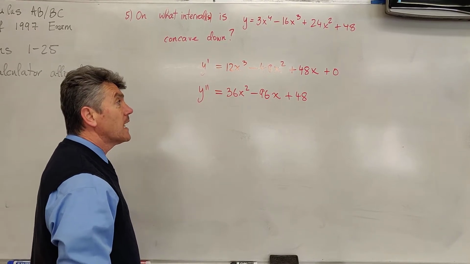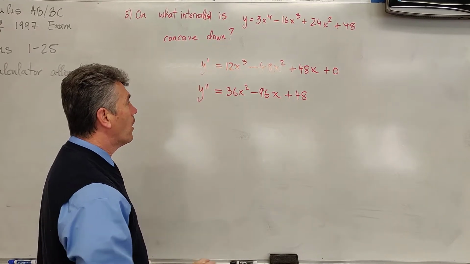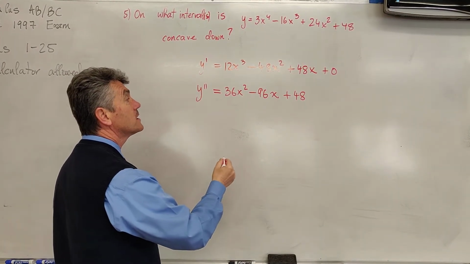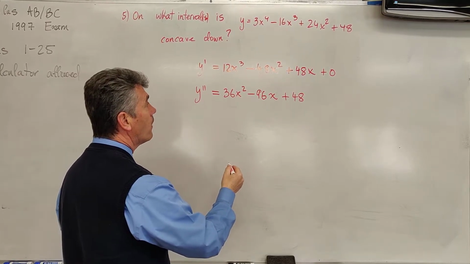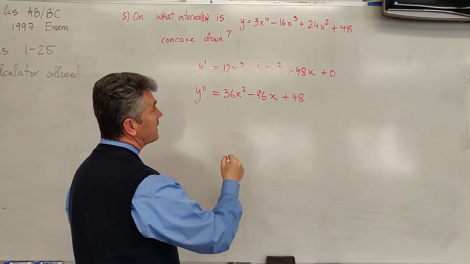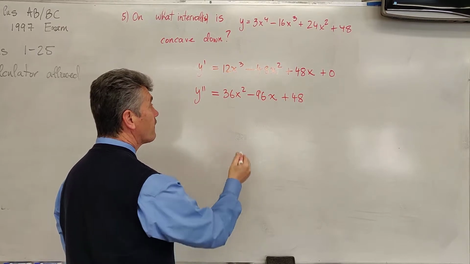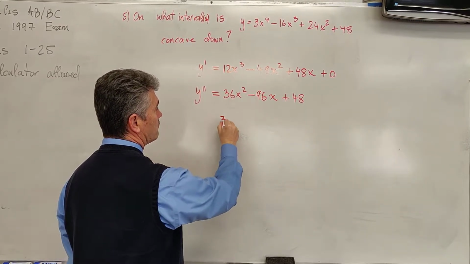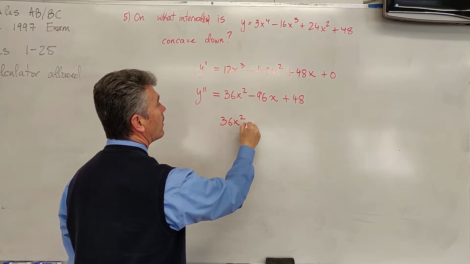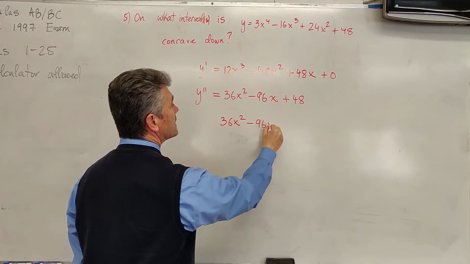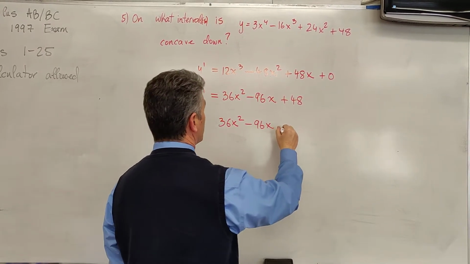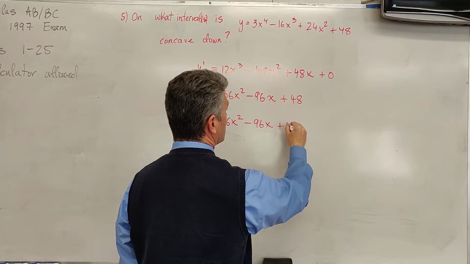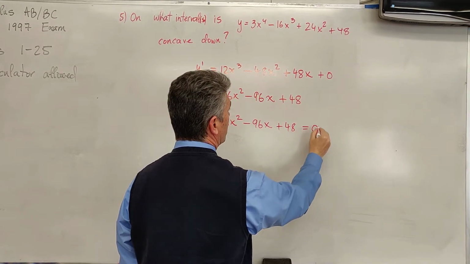We take this and set it equal to 0. So you want to see where the second derivative is equal to 0 so that we can get our possible points of inflection. Set 36x squared minus 96x plus 48 equal to 0.